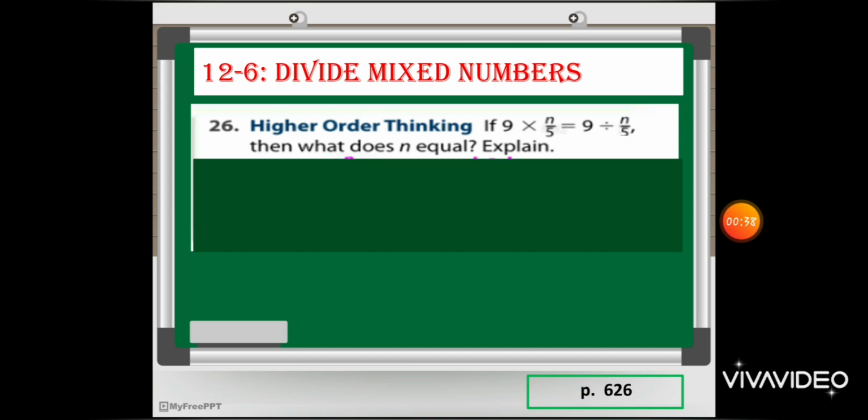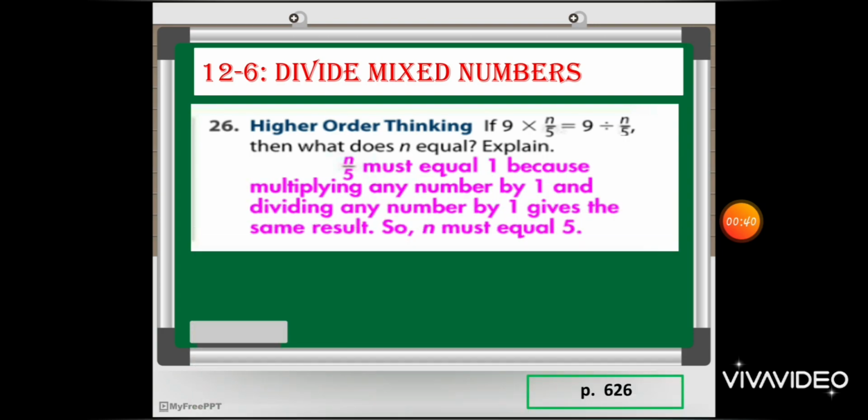Okay, so what will be our answer for this? The expression n over 5 must be equal to 1 because multiplying any number by 1 and dividing any number by 1 gives the same result. So, how are we going to make n over 5 equal to 1? We are going to make it the fraction 5 over 5. 5 over 5 means 1.